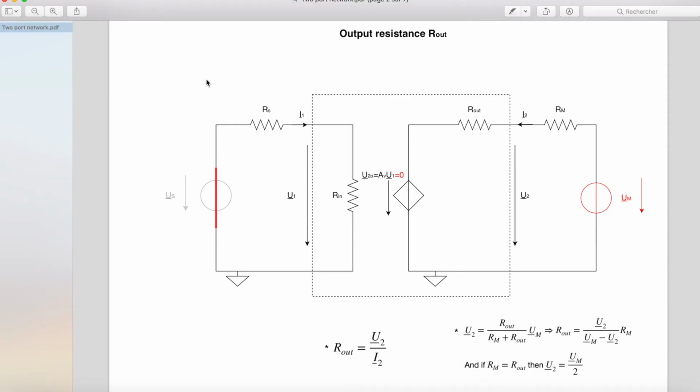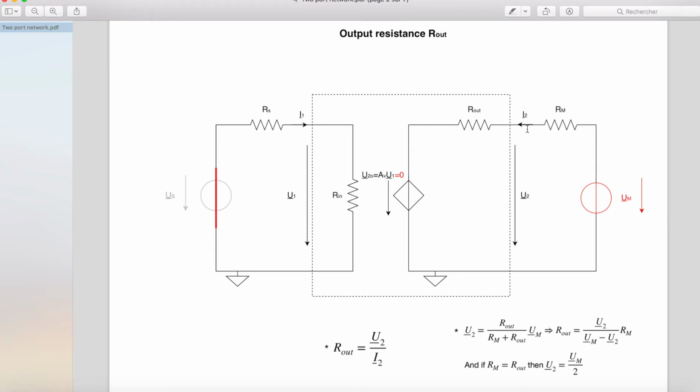As said in the theoretical part, when we calculate Rout, we first have to replace Us with a wire. This involves that U2O is equal to 0. This result is very useful for our calculations. We could determine Rout with U2 out of I2.